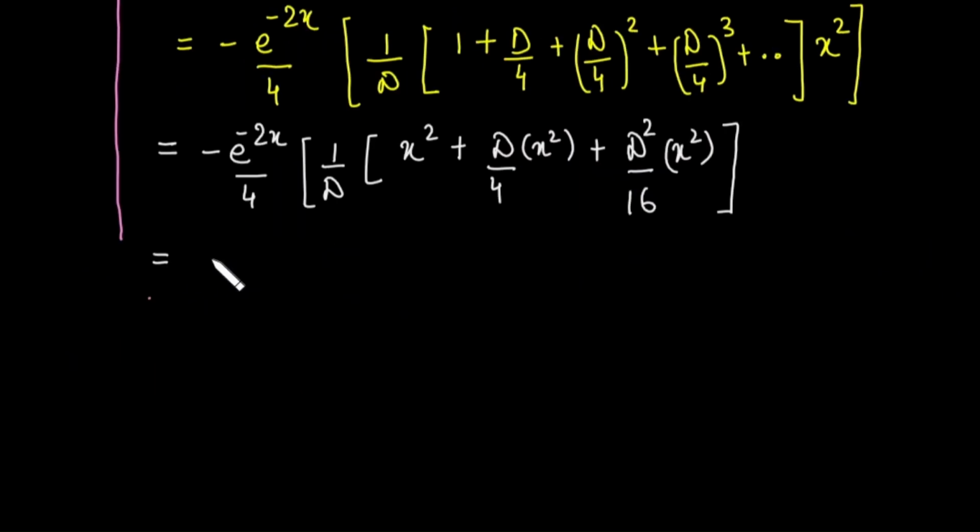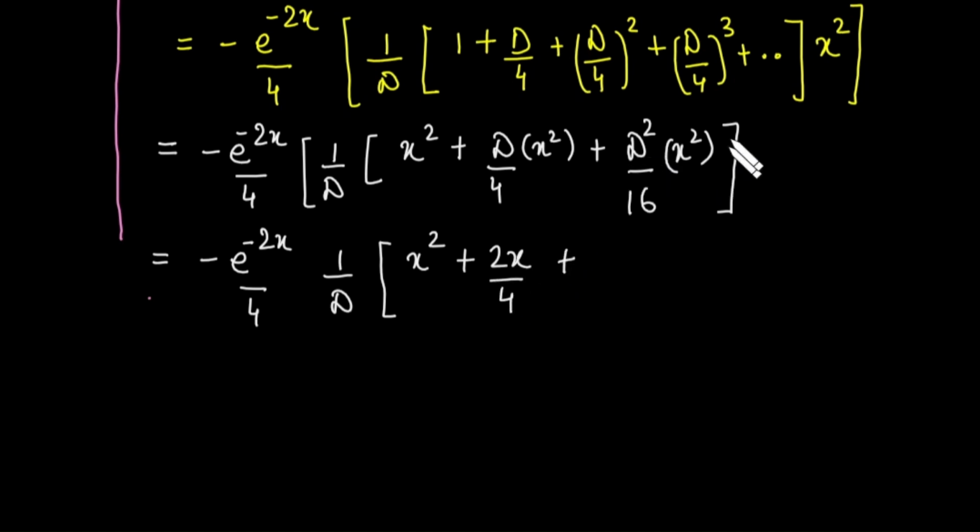This is further equal to minus e raised to power minus 2x by 4, 1 by D, x square. Its derivative is 2x by 4, plus the second order derivative of this term is 2 divided by 16.